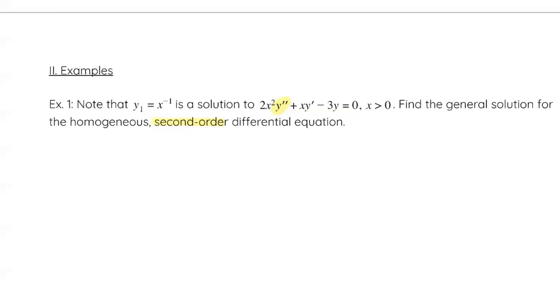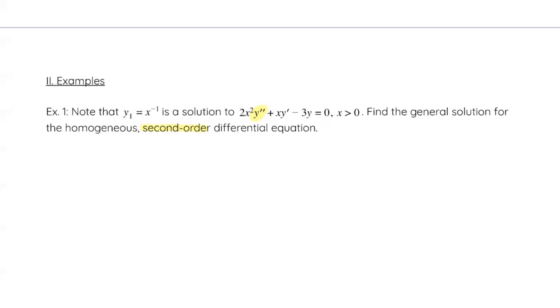All right, and what is our indicator this is homogeneous? It's equal to 0. Exactly, this in the orange, that 0 is the clue that it is homogeneous.